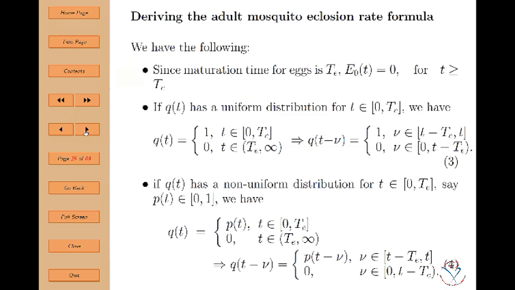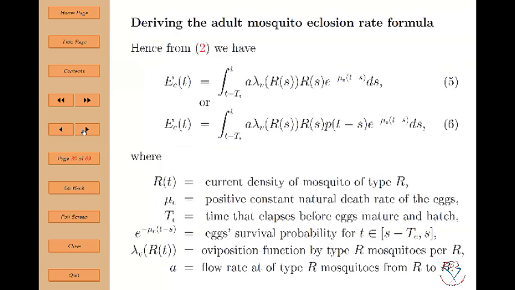With that, we can write the expected number of eggs that are laid and are there at the breeding site at time T as X, from T minus T_E to T, by formula 5 if we have a uniform distribution, or by formula 6 if we have a non-uniform distribution. And so we have here the expectation that we want.